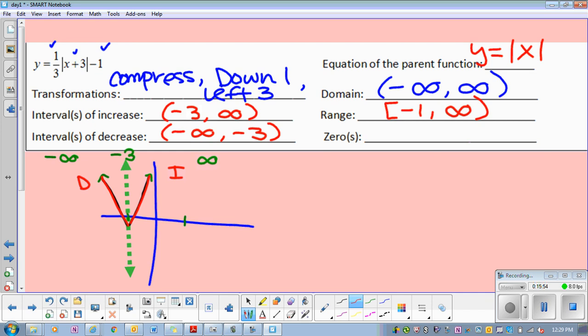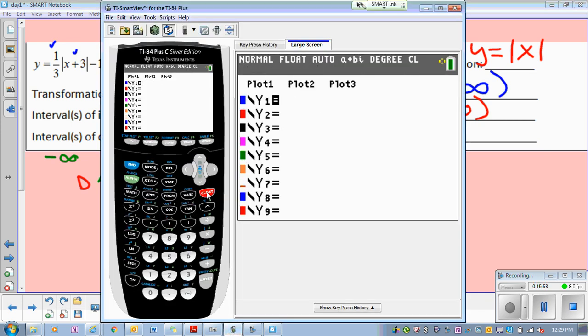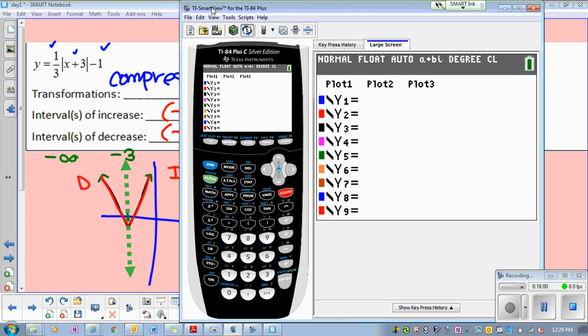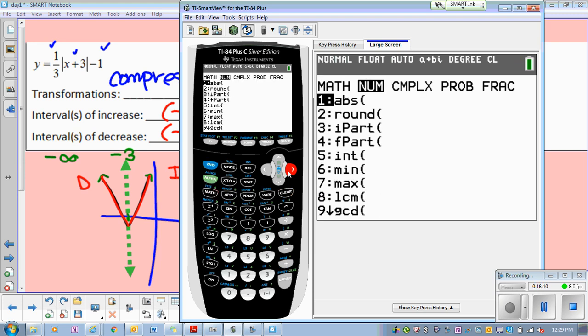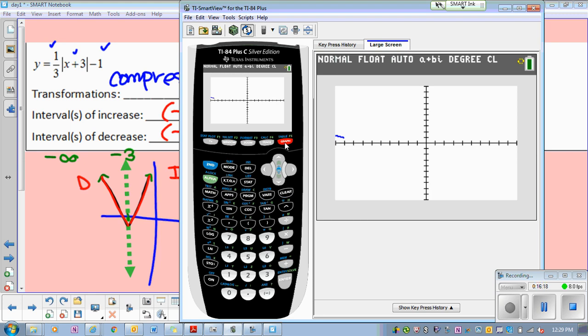Well, there's 0 and 0. There should be 2. Okay, you know what? Since my little drawing here is not very good, I'm going to put it in my calculator so that I can be absolutely certain. Now I'm going to look at my graph and see. Oh, yeah.